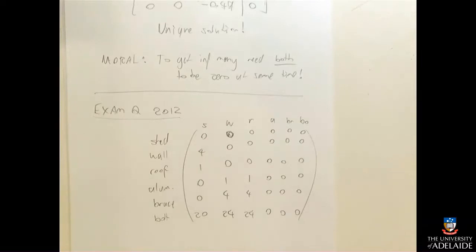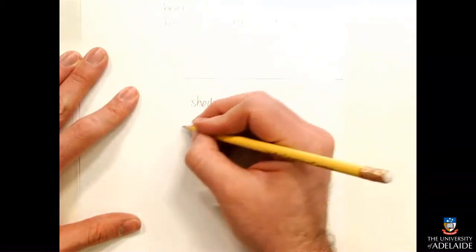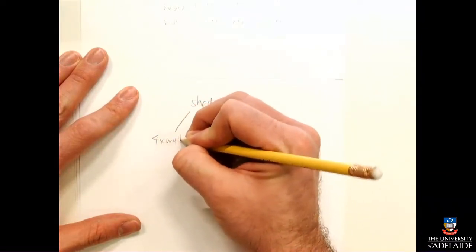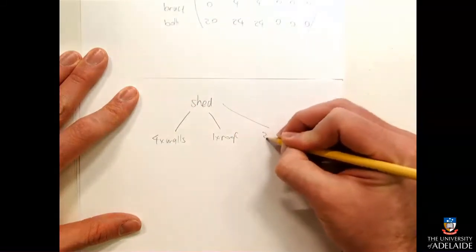I'm thinking in my head of a wonderful diagram that might be helpful, that I have never tried to draw before. So we have the shed, and it's made of 4 of the walls, and 1 times a roof, and 20 bolts.